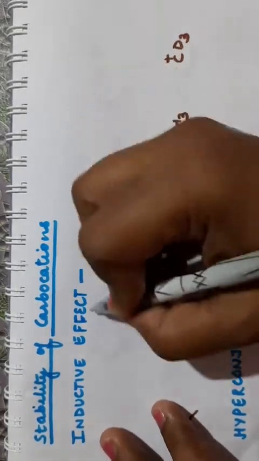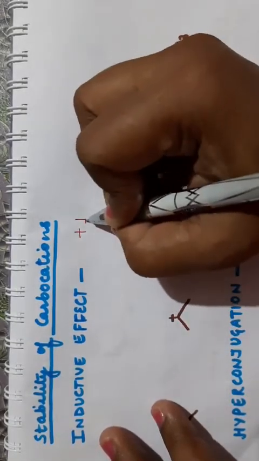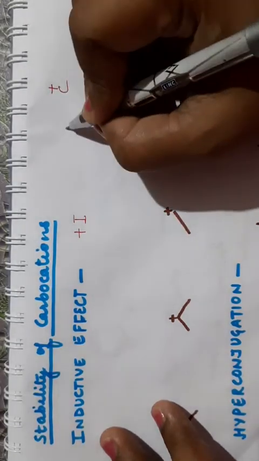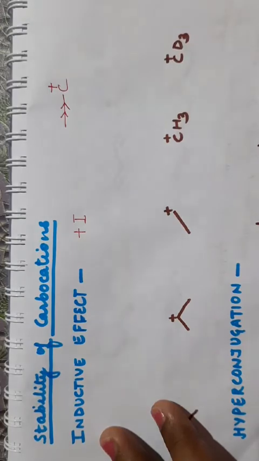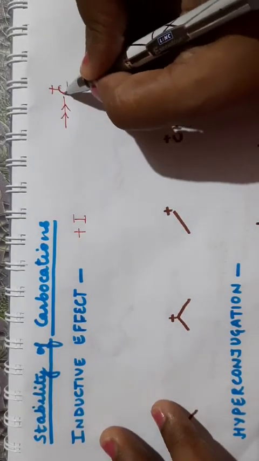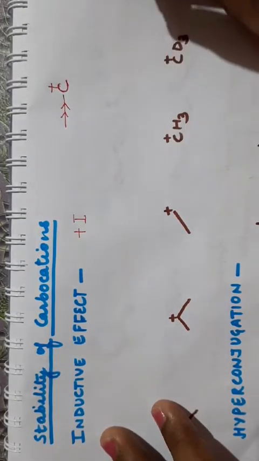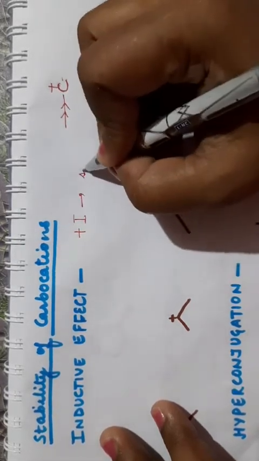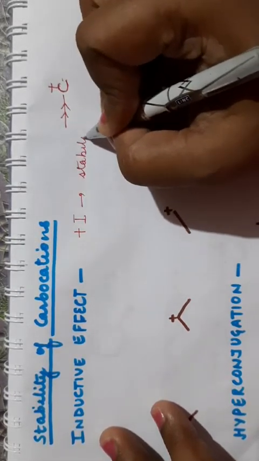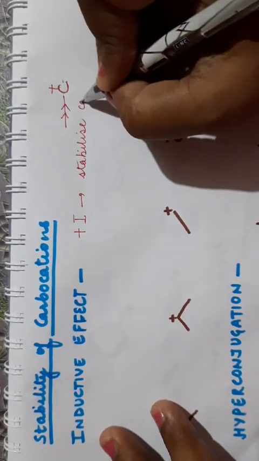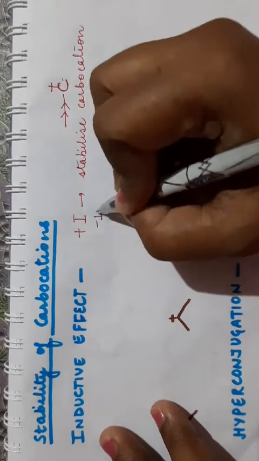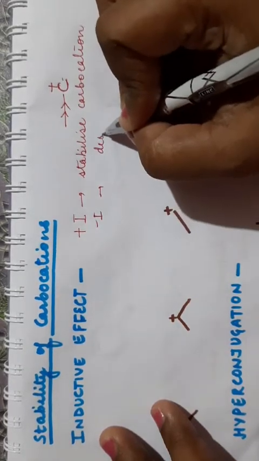See, plus I effect: any group which can release electrons towards the positively charged carbon, or which can give electrons to it, will stabilize it. So plus I effect will stabilize the carbocation and minus I effect will destabilize the carbocation.